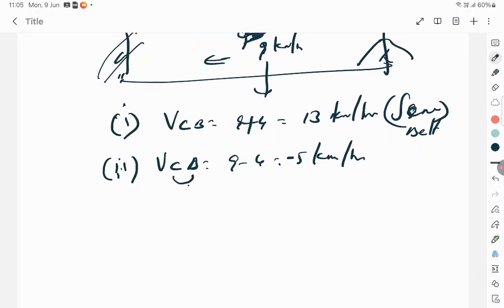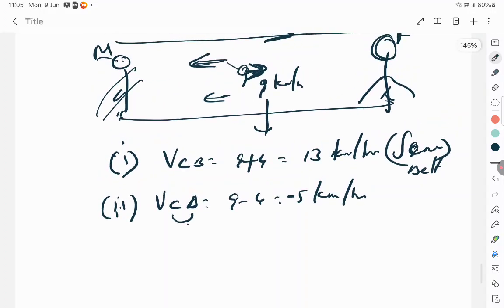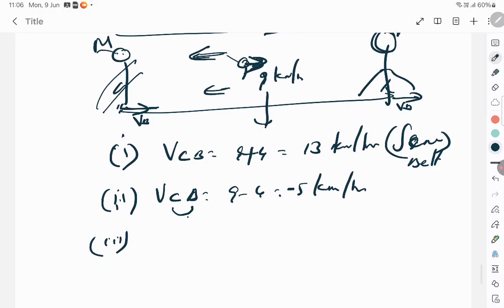Now the next question is the speed of the child with respect to either parent. See, for the third question, the parent is also moving with the velocity of the belt, and both the parents are moving with the velocity of the belt. So the child is also going to be moving with the velocity of the belt. So the velocity of the belt can be cancelled everywhere. You can consider the parent to be just static with no velocity.